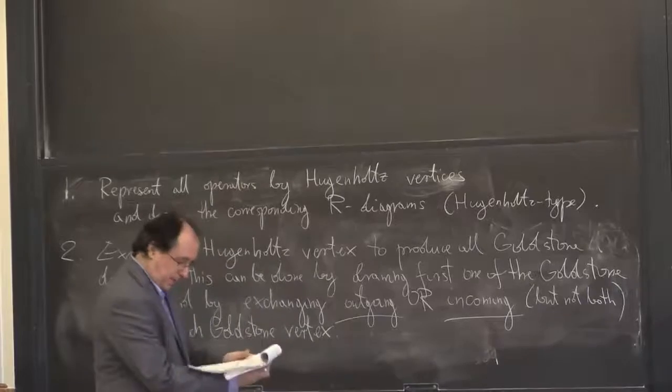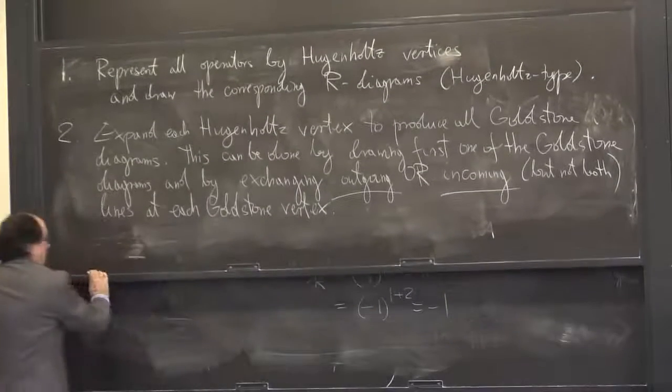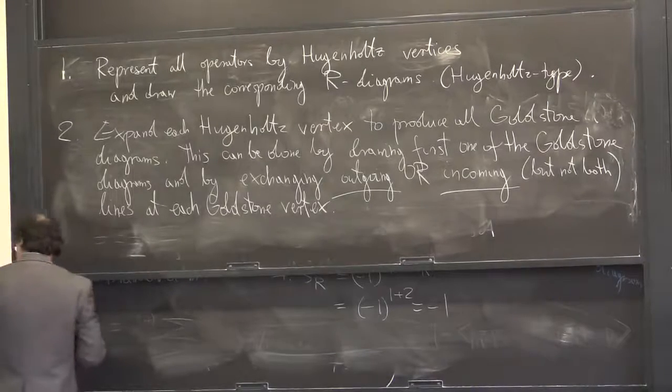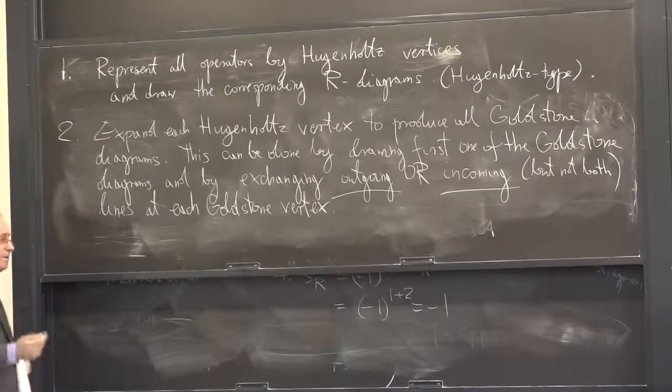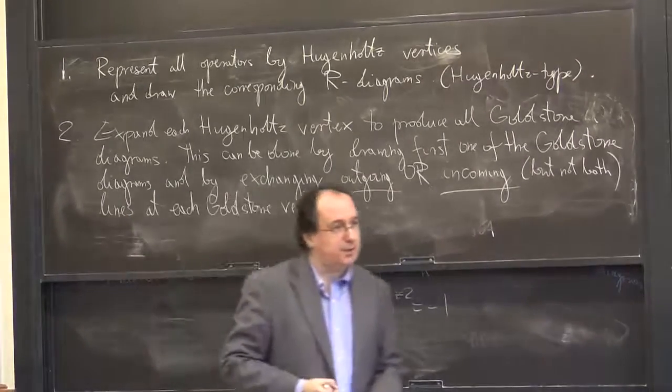Okay? Now, what I also want to emphasize is that we can help ourselves a bit in step one. Okay? We can actually simplify it by starting our calculation with the non-oriented Hugenholtz skeletons. Okay?